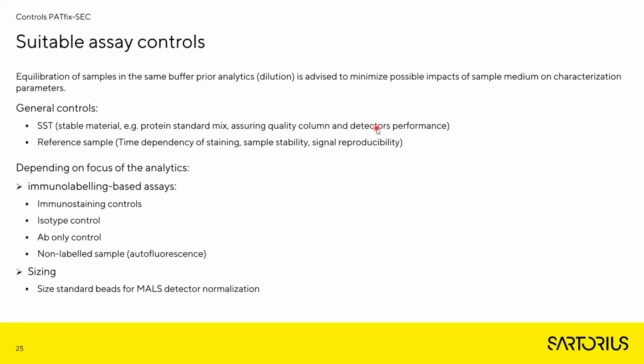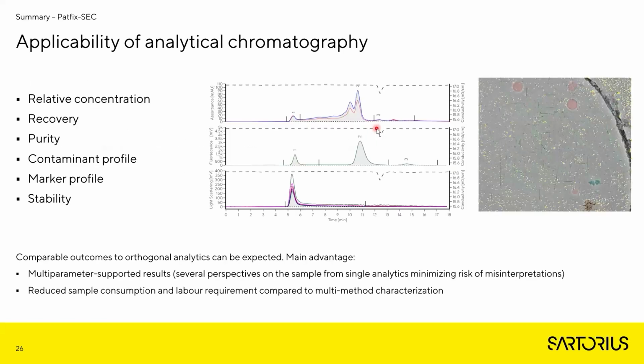And then, depending on the focus of analytics, one should use all the necessary controls that are usually applied in immunoassay. And if one wants to perform sizing using a multi-angle light scatter detector, a size standard should be included as well.